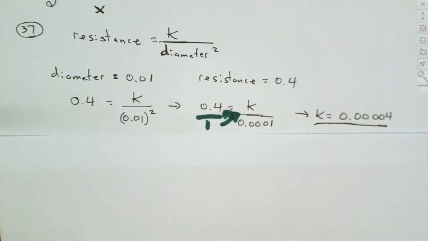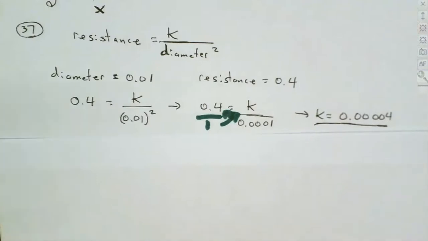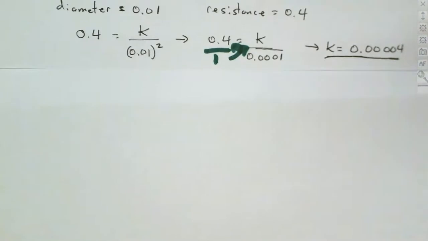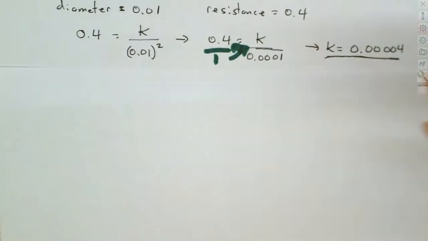Now, you can also use a table. If you're in a physics course, you look it up. You should have a table with all the different types of wire, copper, silver, gold, whatever it might be. Each one of them has a different value of K. We found that, but those tables, if you took a physics course, would be in your book, and you would use this formula then to find the new resistance.